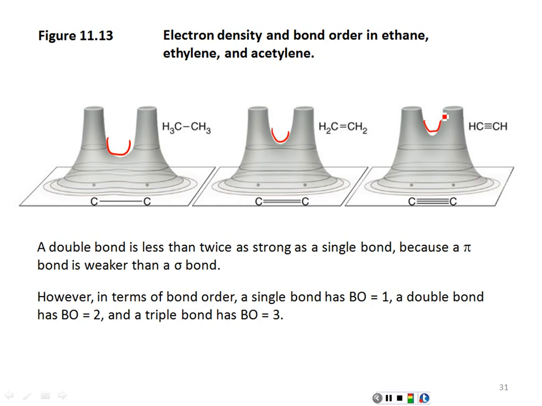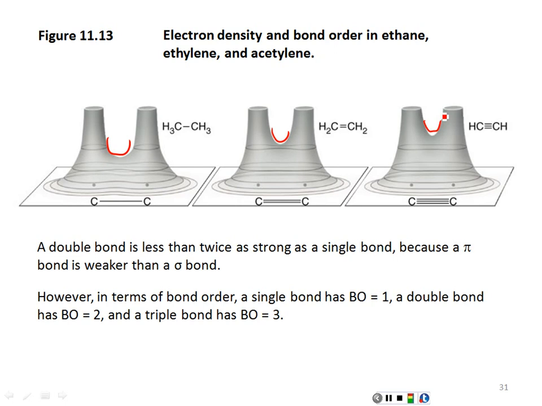I should mention a double bond is a little bit less than twice as strong as a single bond, and that's because a pi bond, again, is weaker than a sigma bond. And that's because the overlap is not as efficient. The side-to-side overlap is not as efficient as the straight-on overlap.